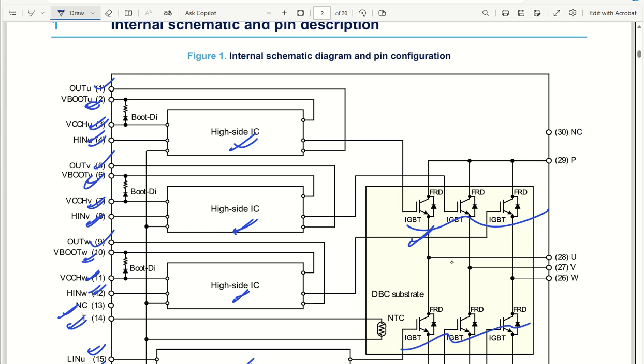We have a freewheeling diode inbuilt inside, so we will not need any separate protection for that purpose. And we have an inbuilt NTC, which will help give us the temperature of the particular IC.